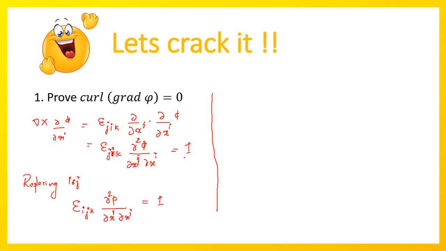Now let me add these two terms, these I and I. So what I have here is 2I is equal to epsilon_jik into dou square phi divided by dou x_j into dou x_i plus epsilon_ijk into dou square phi divided by dou x_i into dou x_j.